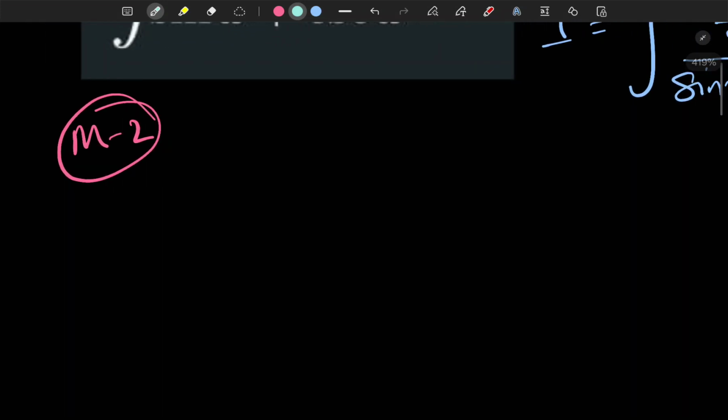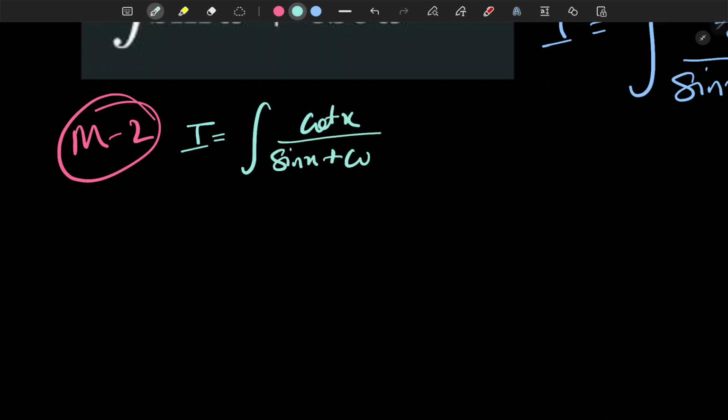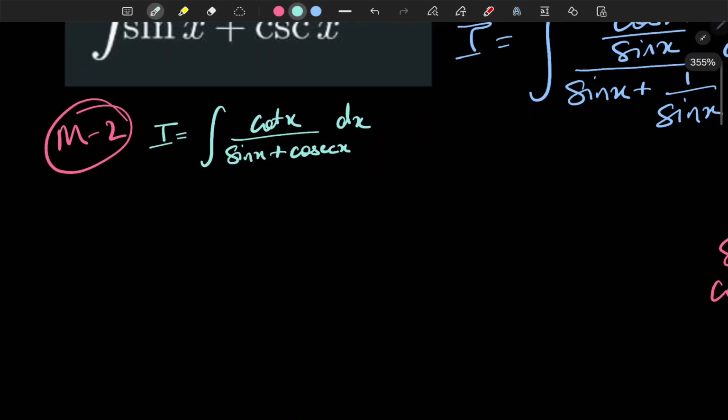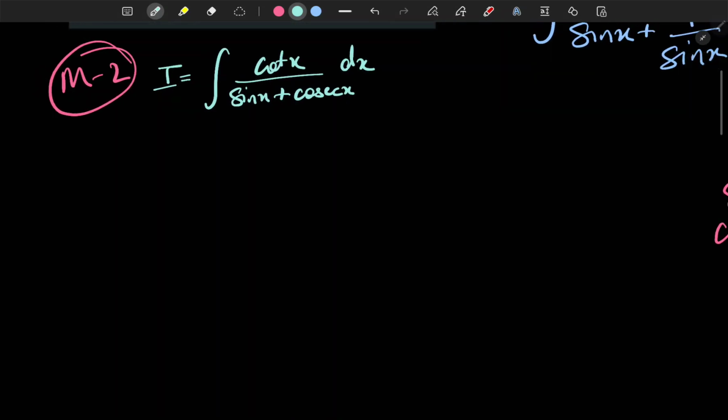So I equals the integral of cotangent of x over sine of x plus cosecant of x, dx.